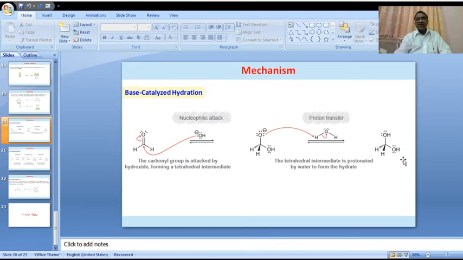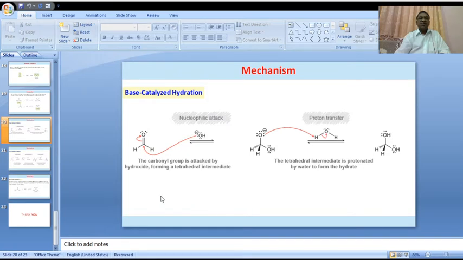This is the hydrate. Two hydroxy functional groups are attached to a carbonyl carbon. This structure is named hydrate. This is the second step, the proton transfer step. In this proton transfer step, finally we get the hydrate compound.